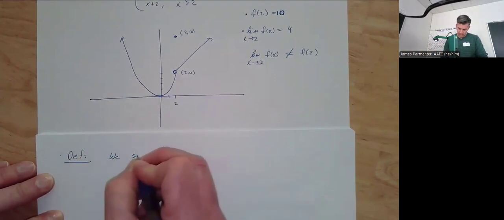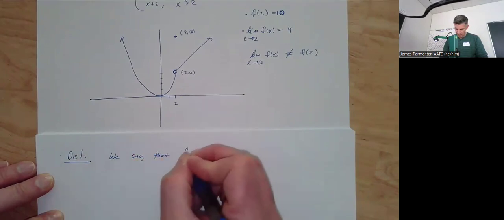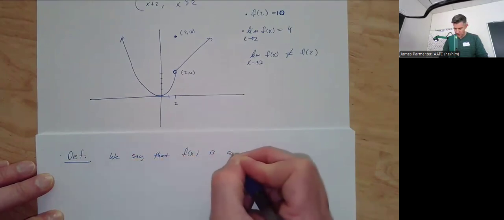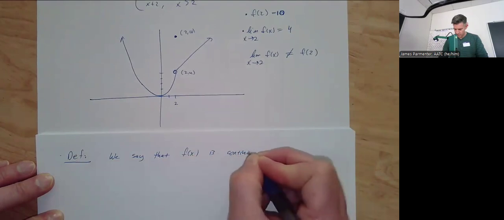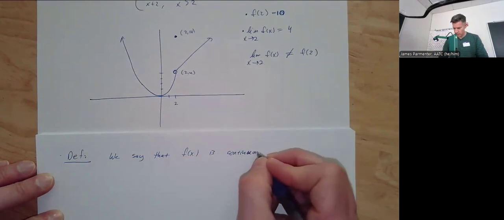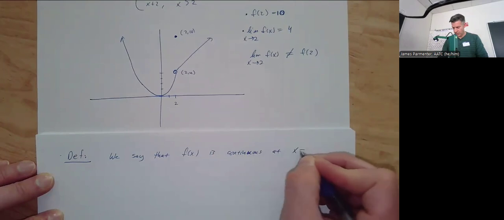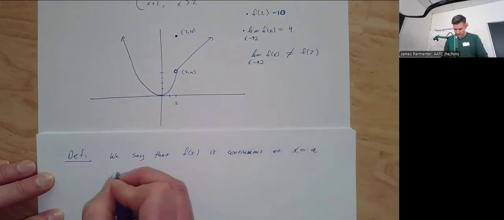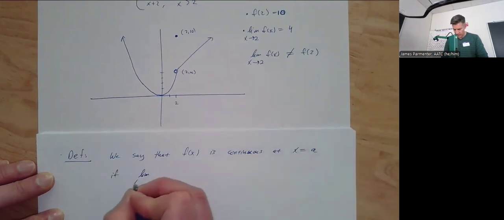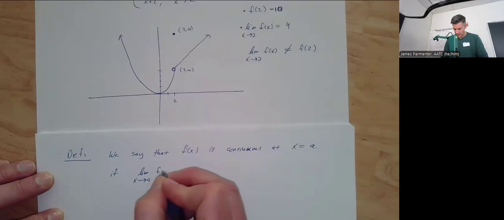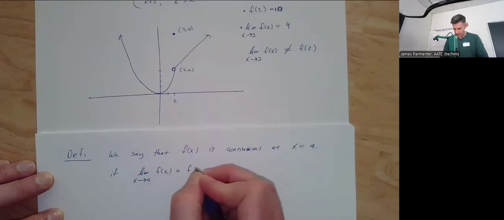We say that the function f of x is continuous at x equal to a if the limit as x approaches a of f of x is equal to f evaluated at a.